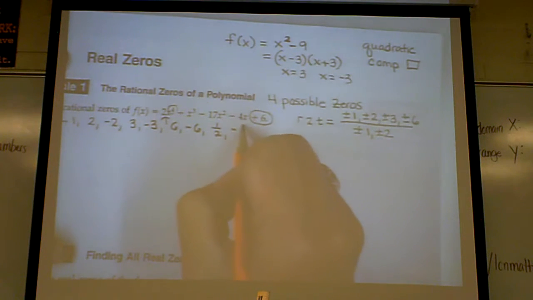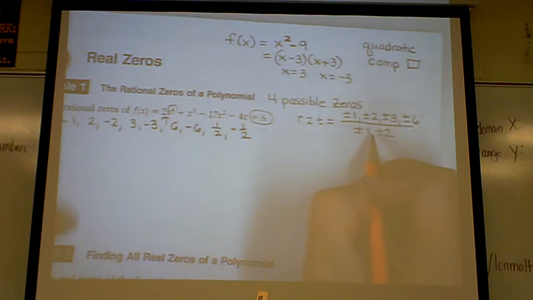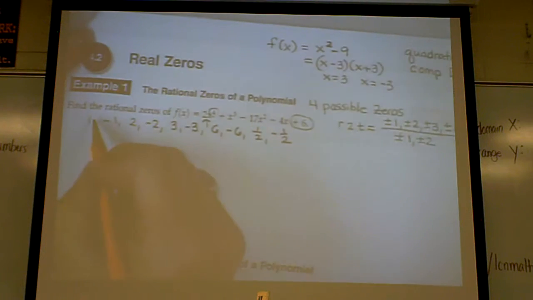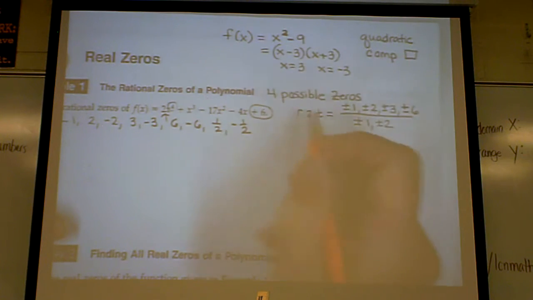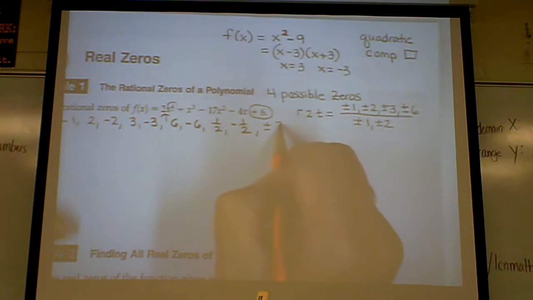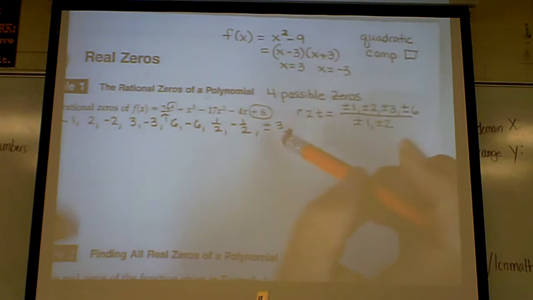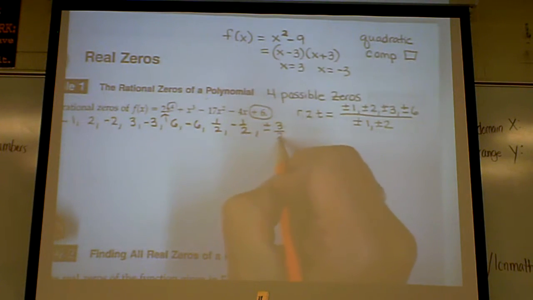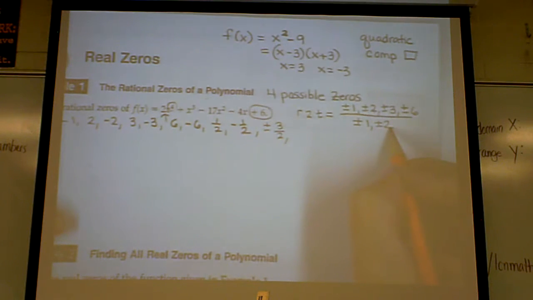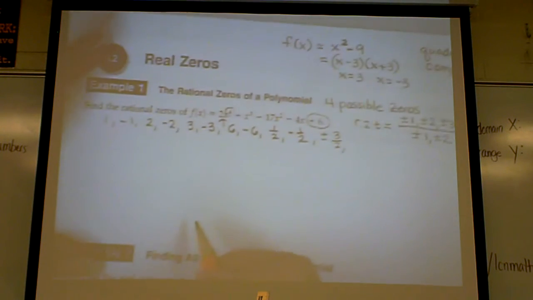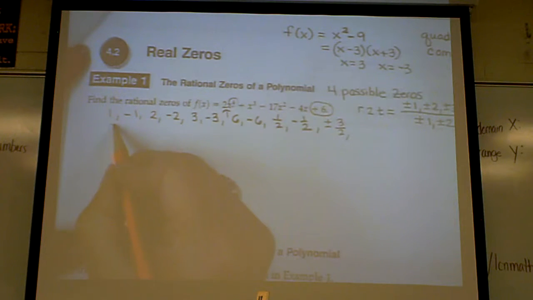And we have negative 1/2. And now if we take these other numbers and divide them by 2, what's 2 over 2? 1. We already have it. What about 3 over 2? I'm just writing it plus or minus 3 over 2. And then what's 6 over 2? It's 3, and we already have 3. So these are our possible zeros.